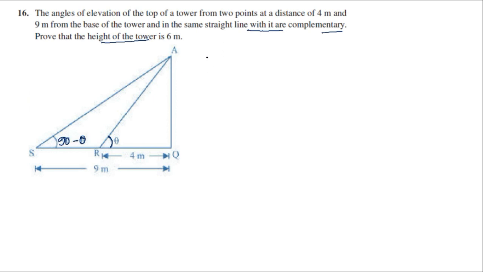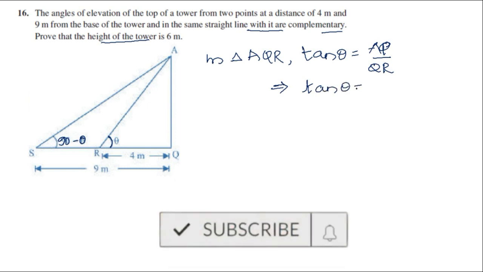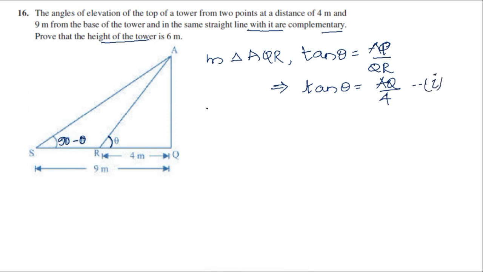Look at triangle AQR, what is tan theta? Tan theta is AQ, the opposite side, by QR. With this, I get tan theta to be AQ by 4. Let me name this as equation 1. Look at the triangle AQS.